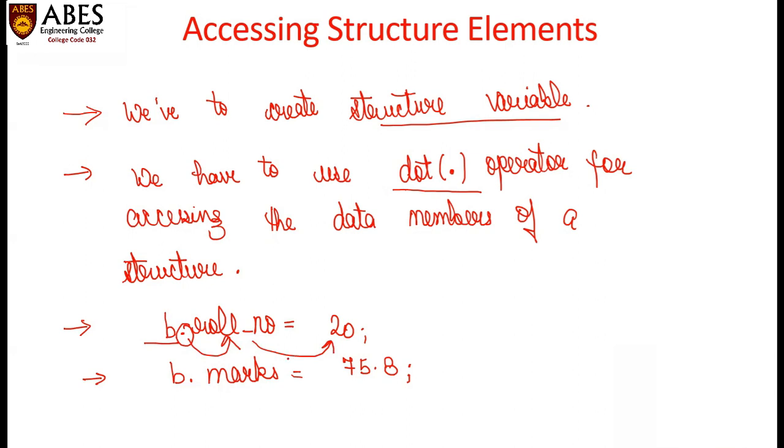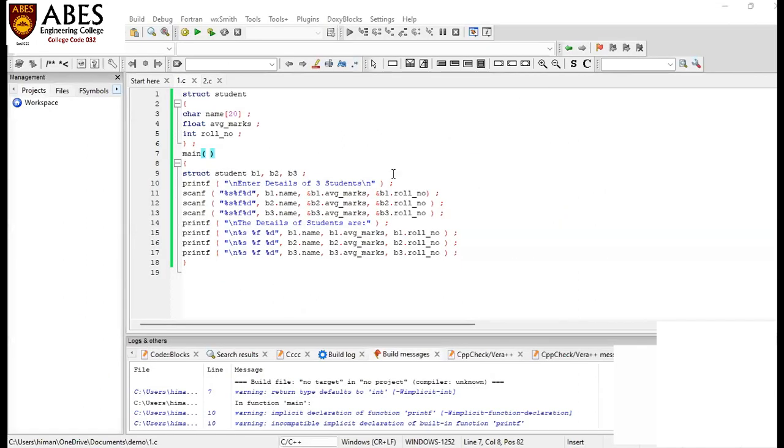Now let us see an example to clearly understand this concept of a structure. Let us consider this example where I have created a structure for storing the record of 3 students. Okay.